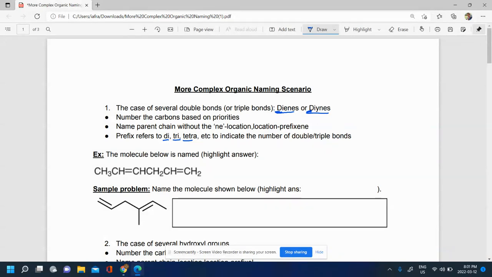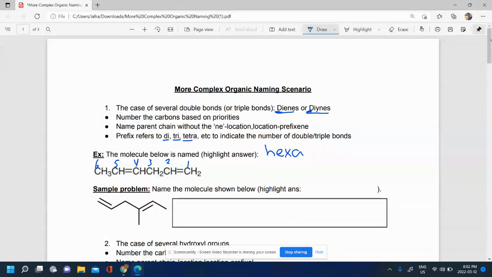So let's start over here. We're going to try to number our double bonds to get the lowest number possible for our double bonds. And it looks like we can start over here to get 1, 2, 3, 4, 5, 6. So numbering this way from right to left will give me the lowest possible positions for our double bonds there. And our chain is 6 carbons long. And so what we're going to do is write, it's a hexane molecule, so we'll put hexa.